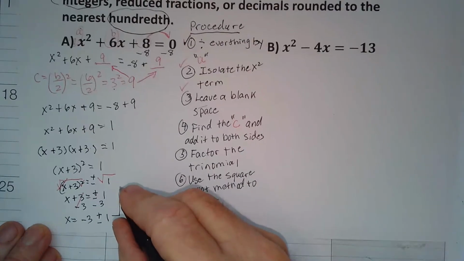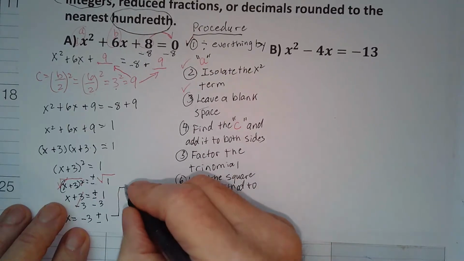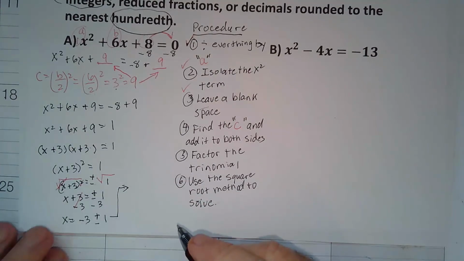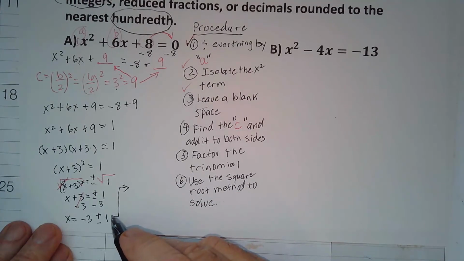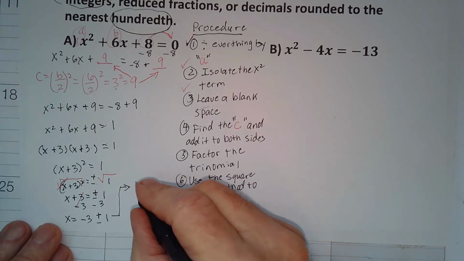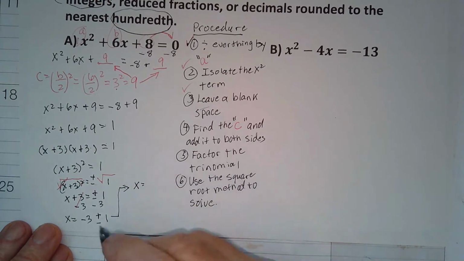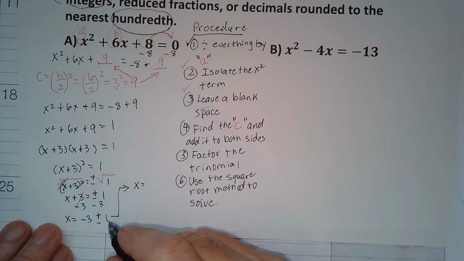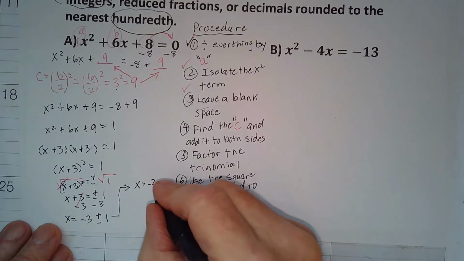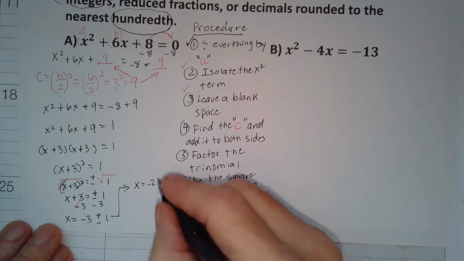Now, let's just write this up here because we've got space for it. So the way that IXL would want you to show this is x equals, what's negative 3 plus 1? That's negative 2. What is negative 3 minus 1? Well, that's negative 4.